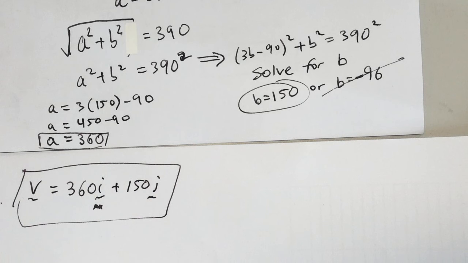So that is the velocity of the plane. The magnitude of this will equal 390, and the direction will allow the wind to push it on the direct path from A to B. So kind of what we did with chapter 3, where we had winds and the canoes, currents. Any questions on that?